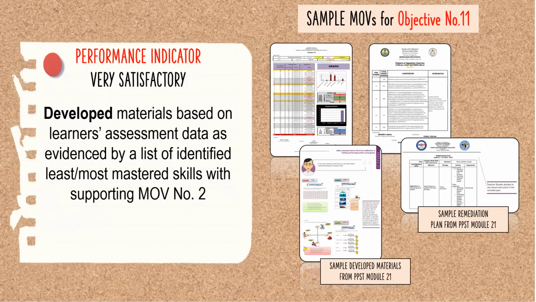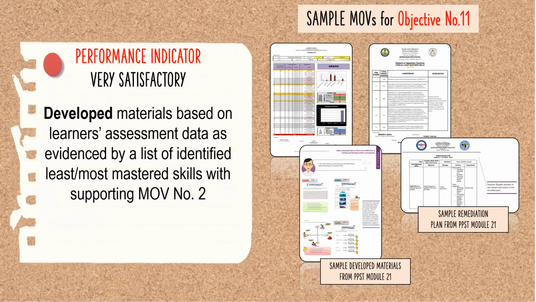Yung MOV number 2 kanina na nakalagay ay intervention materials used for remediation or enhancement. And you can't make intervention material without these data from FOE, LMS, at saka yung remediation plan. From there kasi, makakapag-develop ka ng materials.